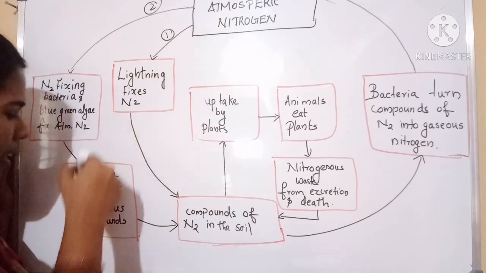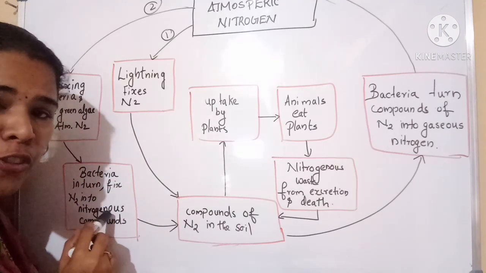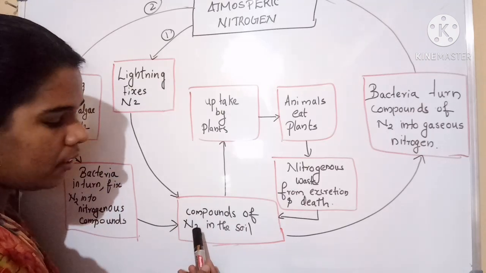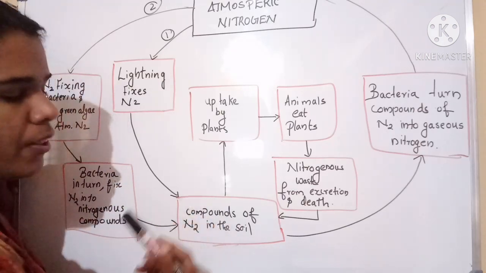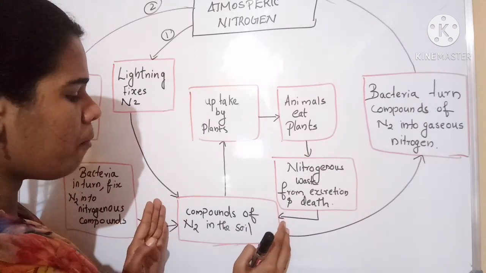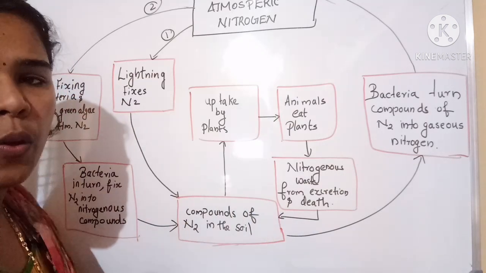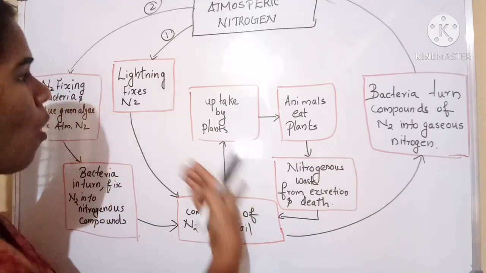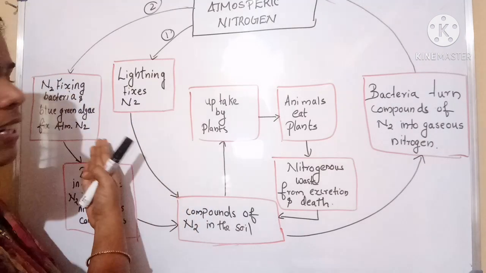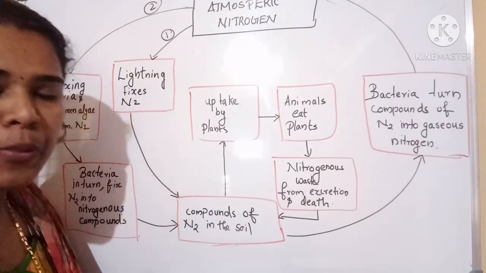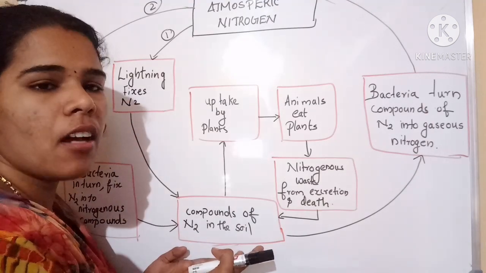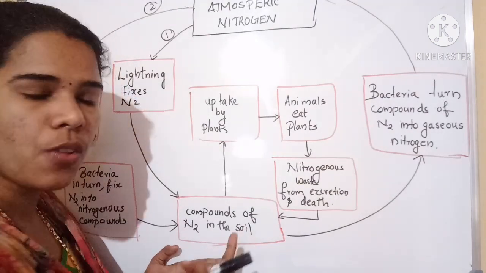These bacteria convert this nitrogen into nitrogenous compounds and release them into the soil. So here are the compounds of nitrogen in the soil. These compounds are formed by two methods. One is lightning and another one is nitrogen fixing bacteria like rhizobium, blue-green algae, etc. Then what happened?